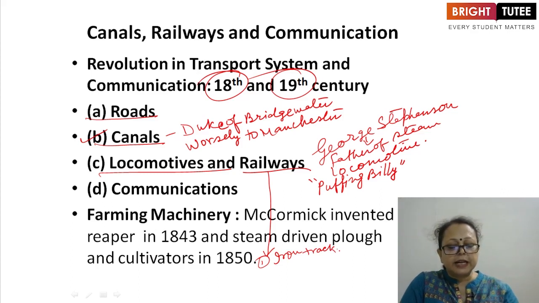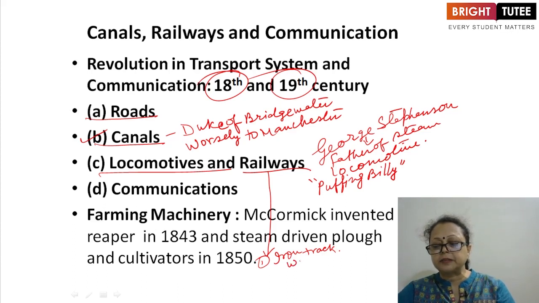Iron track connected the cities of Stockton and Darlington in 1825 AD, over a distance of 9 miles. The first was the iron track, which replaced the wooden track.